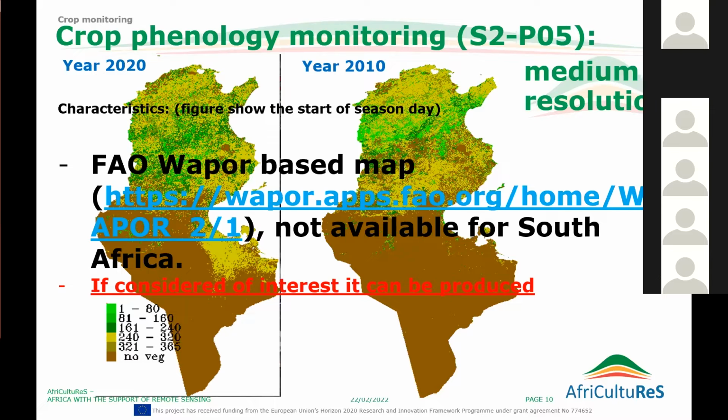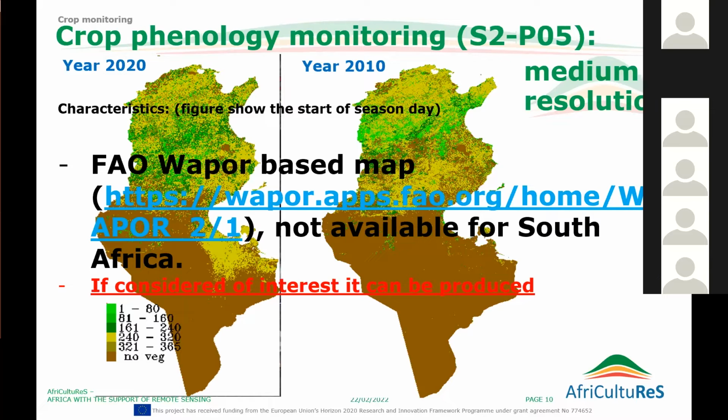But since it's not available for South Africa, if it is considered of interest, we can also produce a monitoring of crop phenology made every year for South Africa.